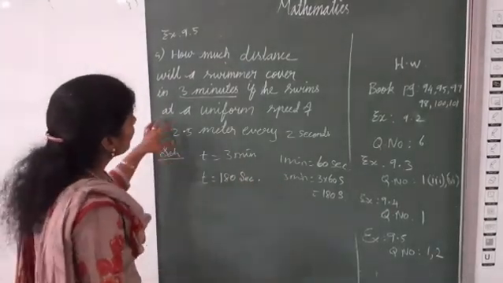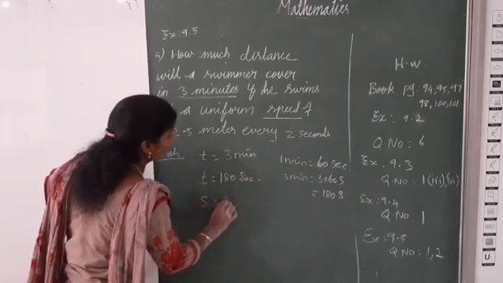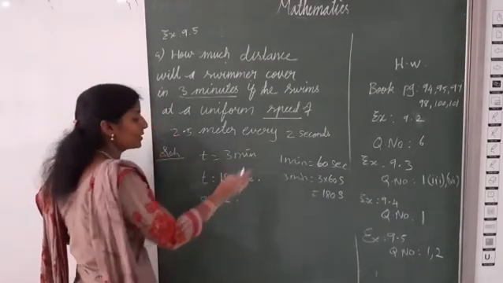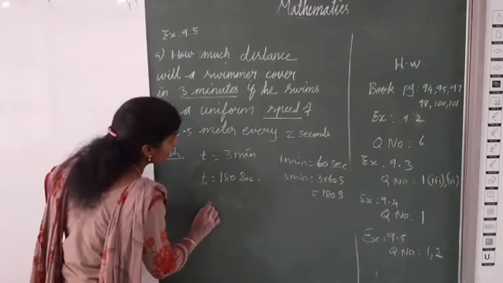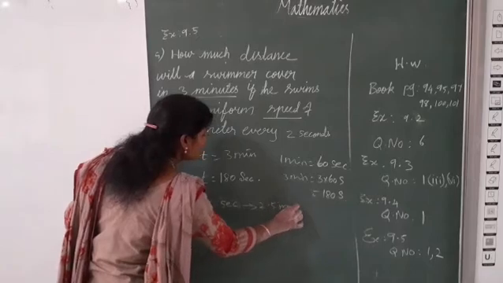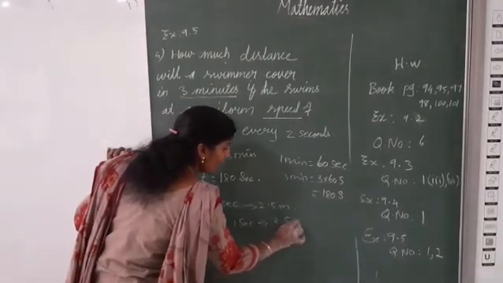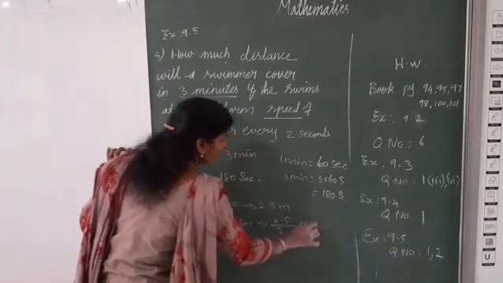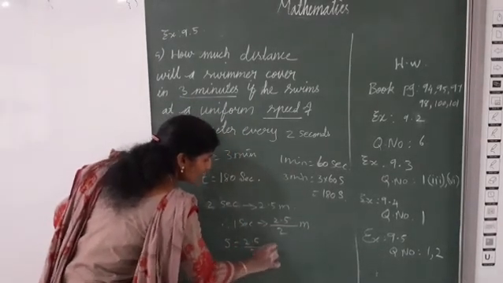Now speed is given, that is s. S equal to 2.5 meter every 2 seconds. Isn't it? Every 2 seconds 2.5 meter. Therefore 1 second equal to 2.5 by 2 meter. This is speed. S equal to 2.5 by 2 meter.